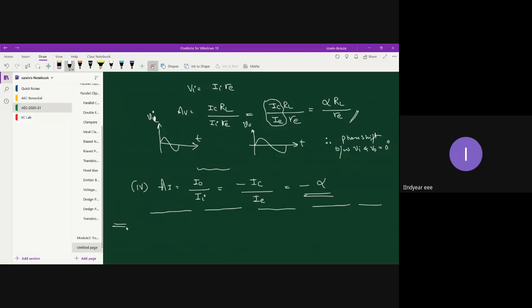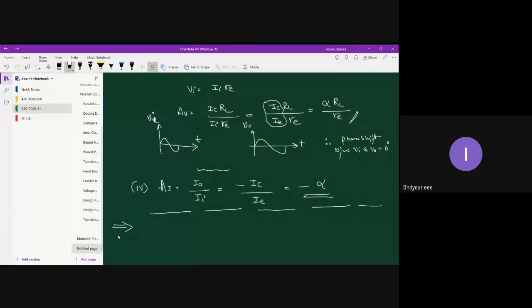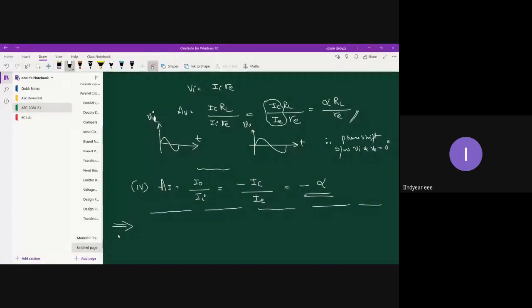Okay, so this being the foundation, we can start analyzing the practical biasing circuit. Do you have any doubts? I'll take a pause here. No doubts, right?